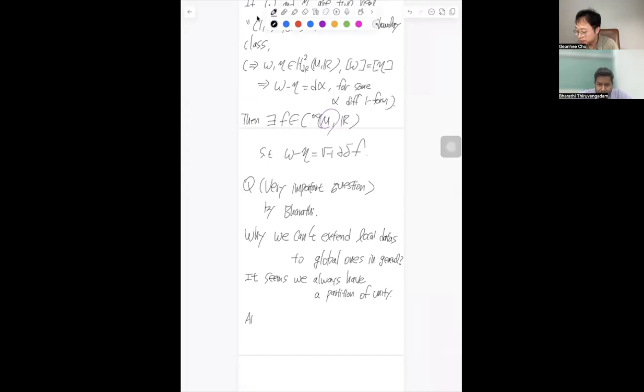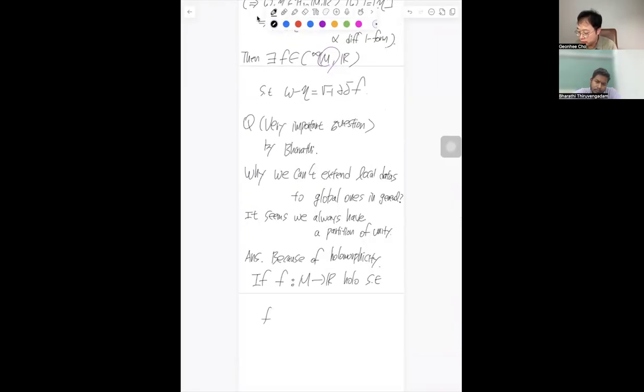The answer is because of holomorphicity. Imagine a holomorphic function f from M to R, such that if you restrict this function to a small neighborhood and assume it is zero there, what happens?